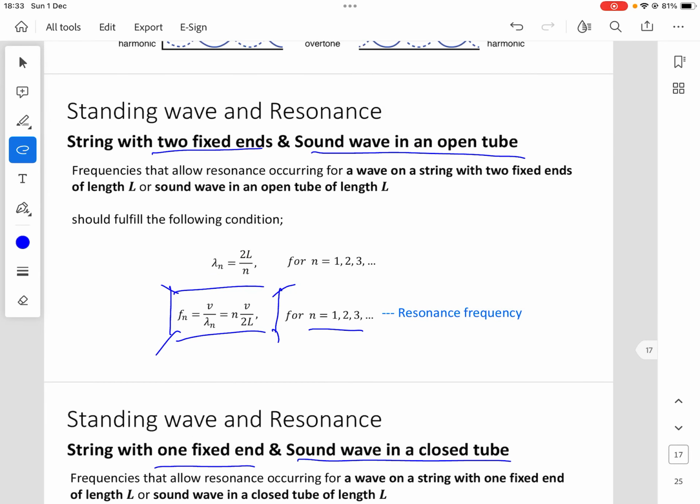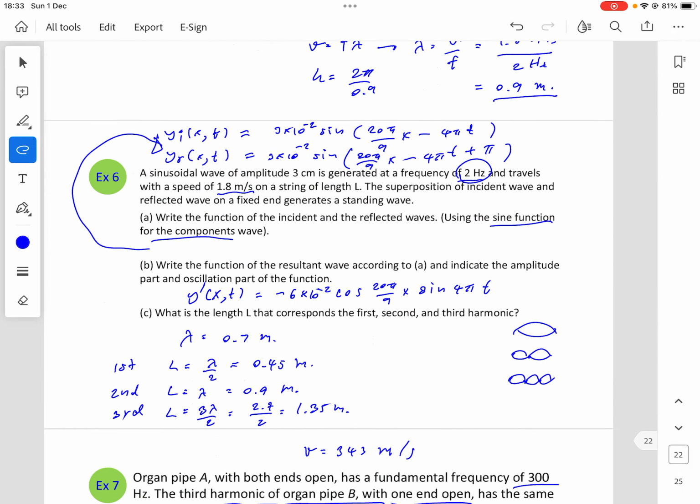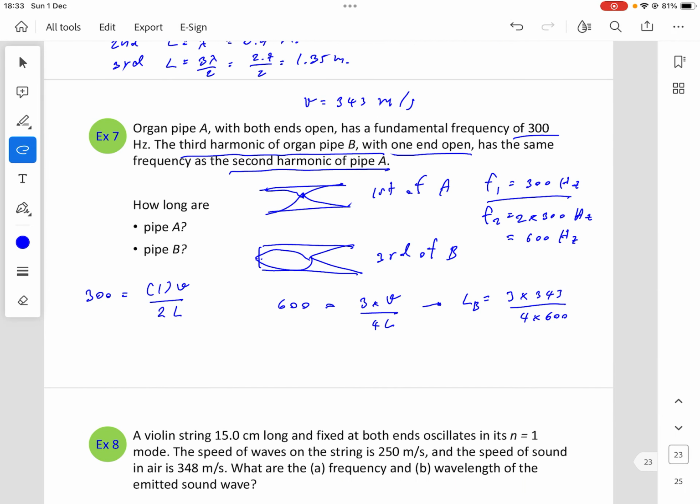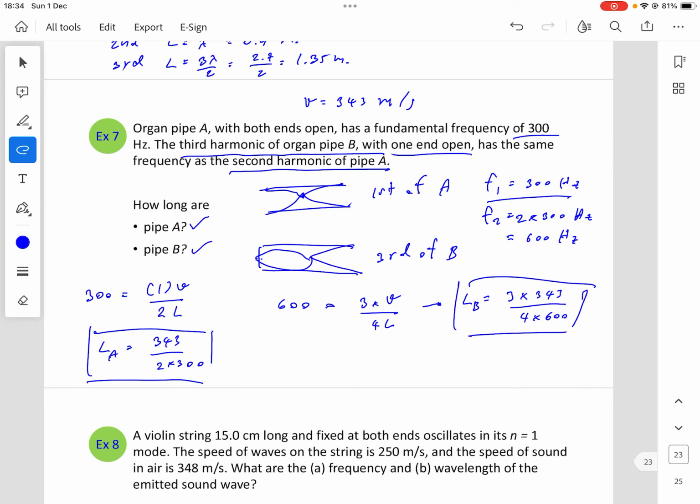Of course, this is nV divided by 2L. When you get the first harmonic, this n should be 1. Then you get LA equal to 343 divided by 2 multiplied by 300. I will not calculate the exact value, but this is the answer for this one, and this is the answer for this one.